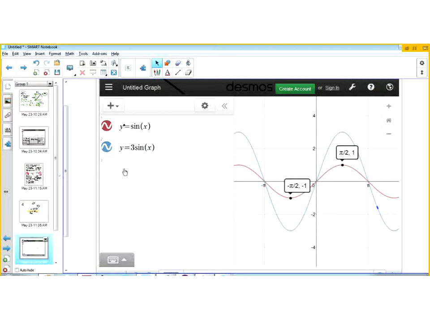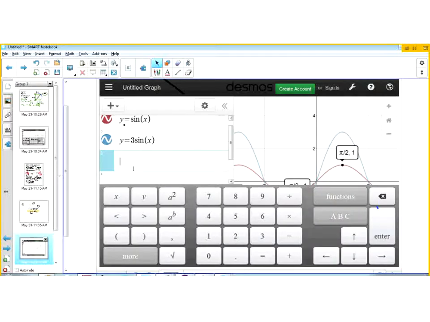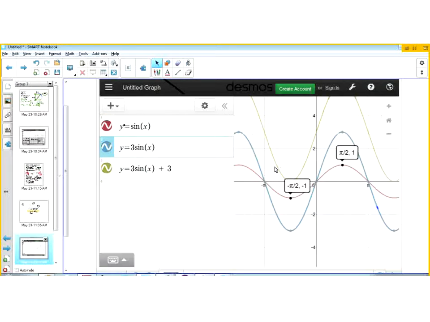All right, and then we just take the blue curve and we add 3 to it. So y is equal to 3 sine x plus 3. And so your answer is shown in green. So note that the green curve will never fall below the x-axis. It'll touch the x-axis at the intercepts, but it'll never fall below. All right, so that's how that works.